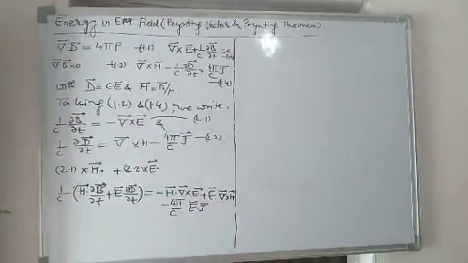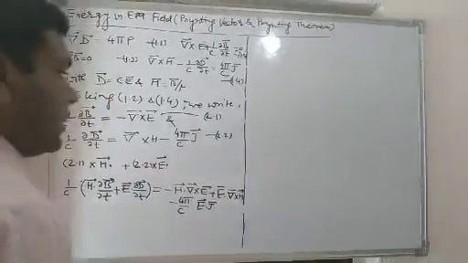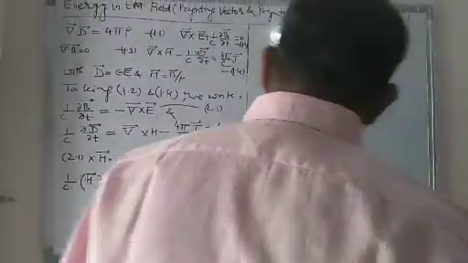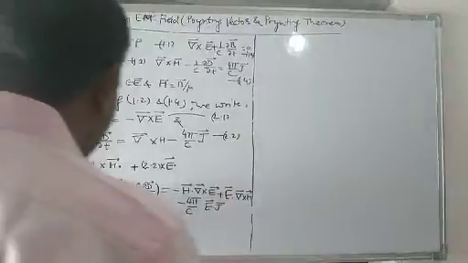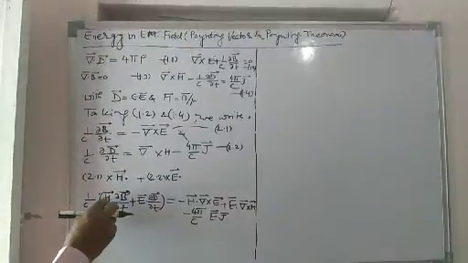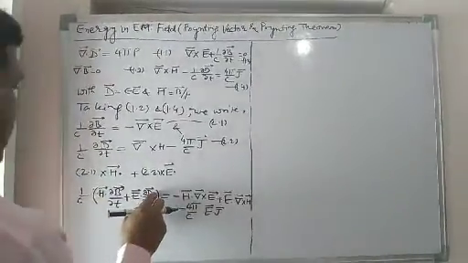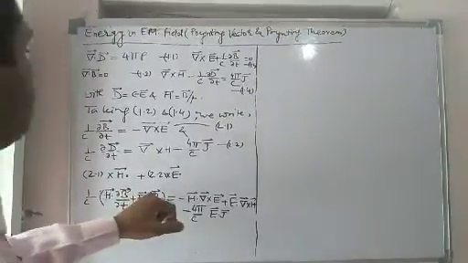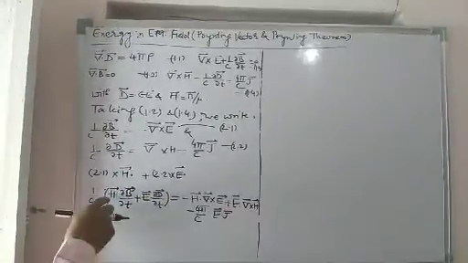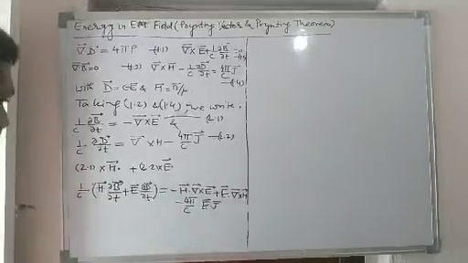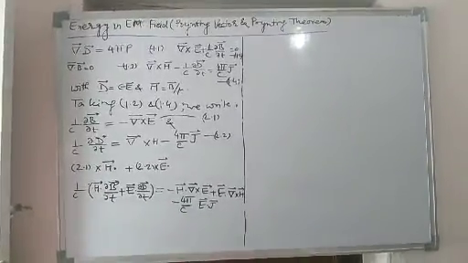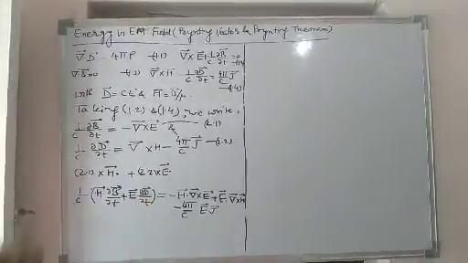So now what is this? This is just the negative of the divergence of E cross H. And here, if we write H as B by mu and D as epsilon E, then it is going to be B dot del B by del T, which is nothing but half of del by del T of B square.